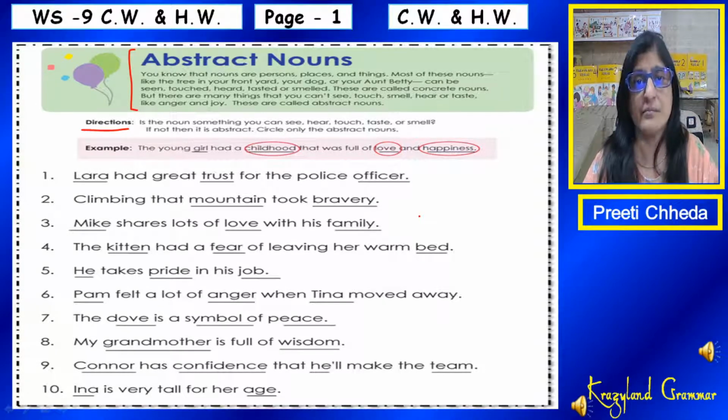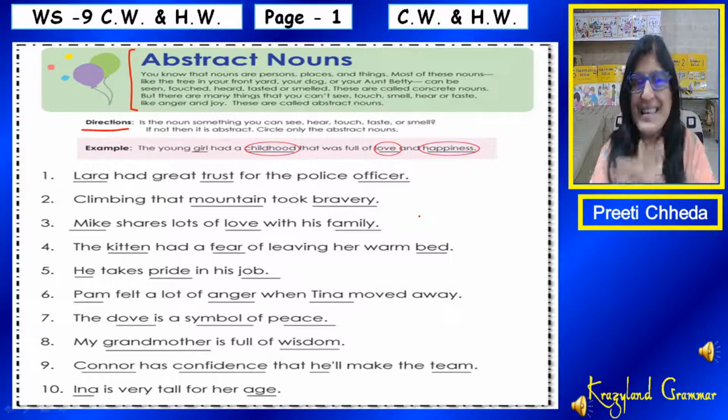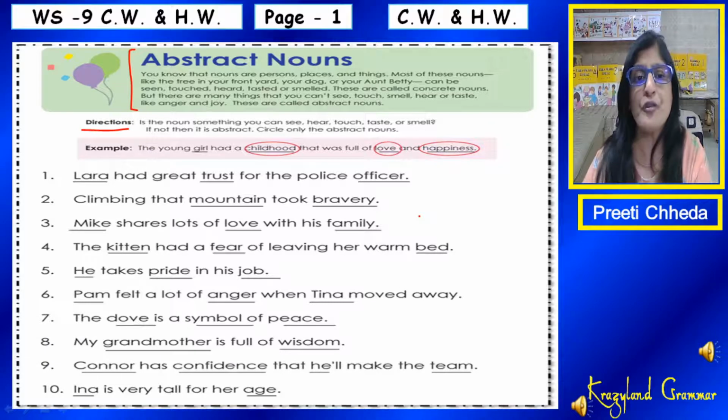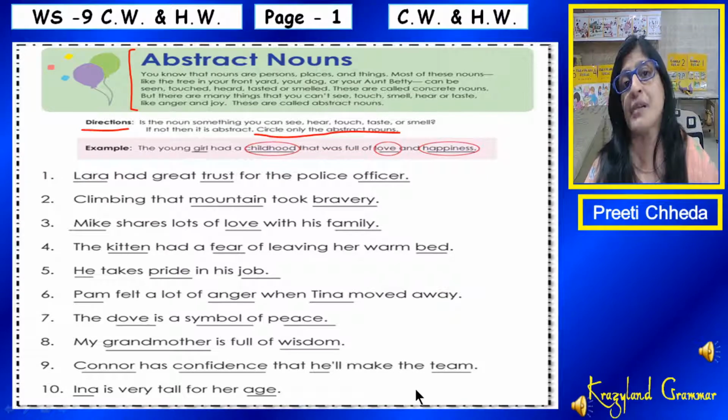If not, if it is a noun which you cannot see, touch, hear, taste or smell, then it is an abstract noun. And what you have to do, you have to circle only abstract nouns.